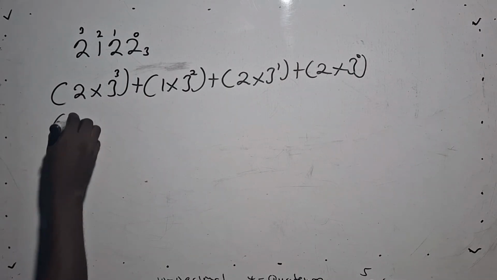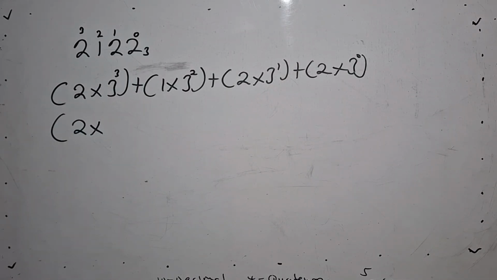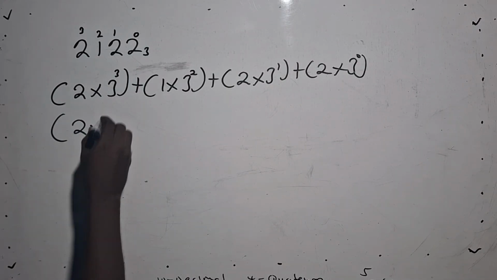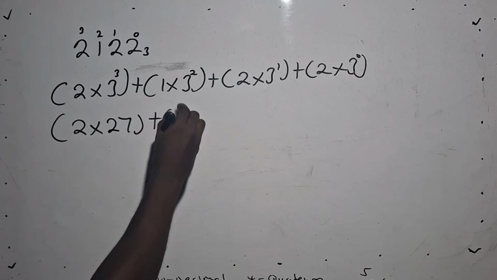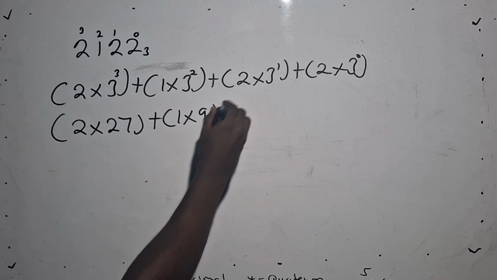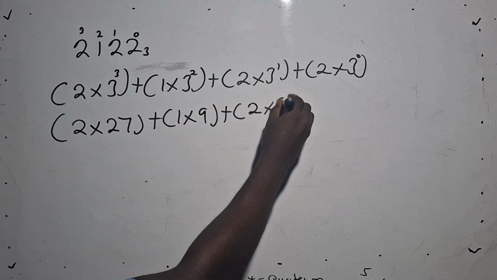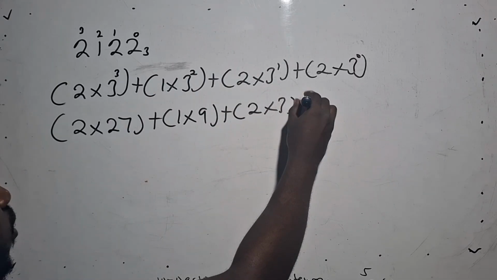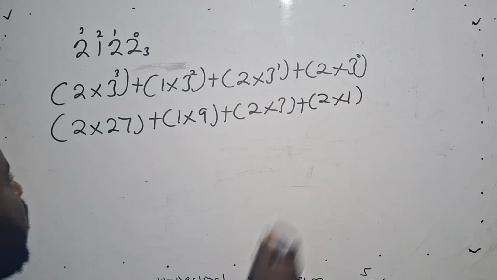Yes, so this will give us 2 times 3 raised to the power 3, 3 times 3 is 9, 9 times 3 is 27, plus 1 times 3 raised to the power 2 is 9, plus 2 times 3 raised to the power 1 is still 3, plus 2 times 1.